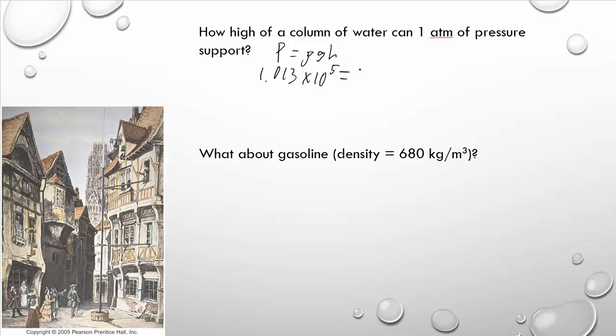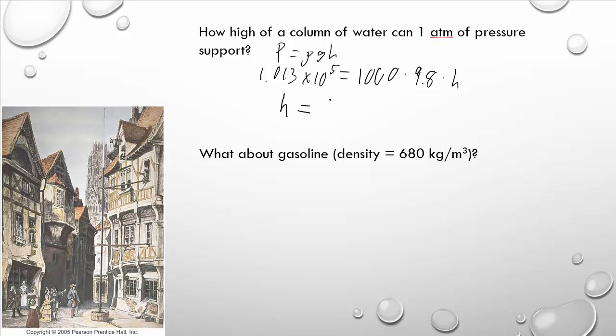Then we're going to plug in the density of water times 9.8, and then solve this guy for h. Easy enough, we're just going to divide those to the other side.